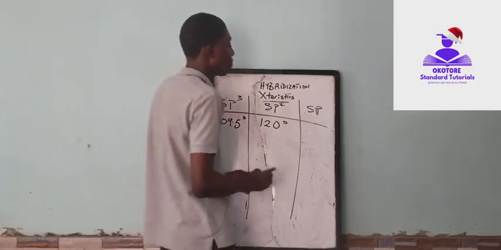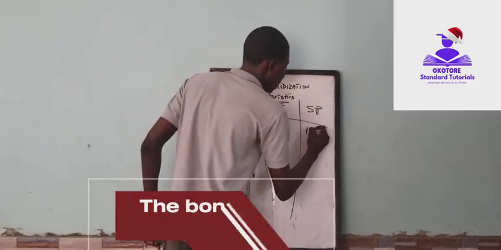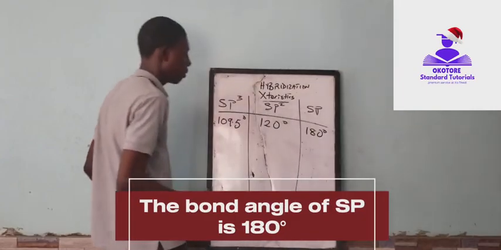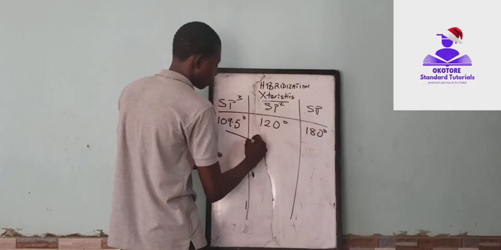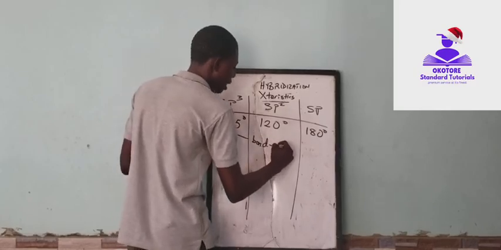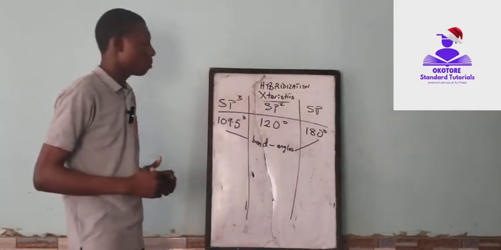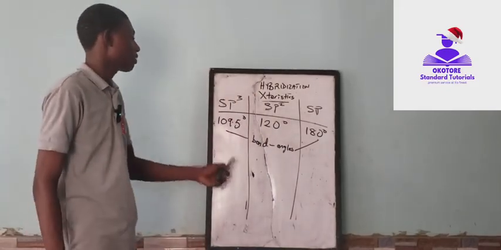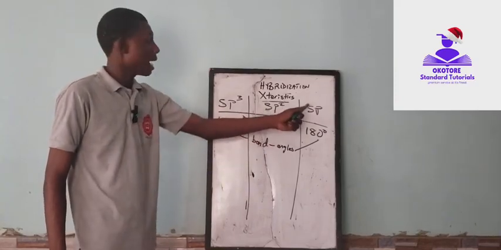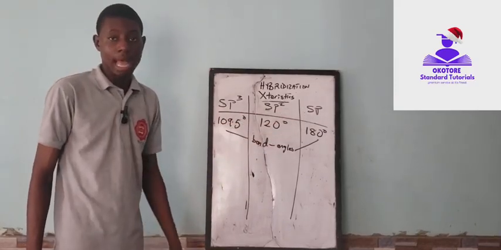What's the bond angle for sp? 180 degrees. Let me write it down here. So these are their bond angles. The bond angle for sp3 is 109.5, sp2 is 120, and sp is 180 degrees. Are we clear about that?